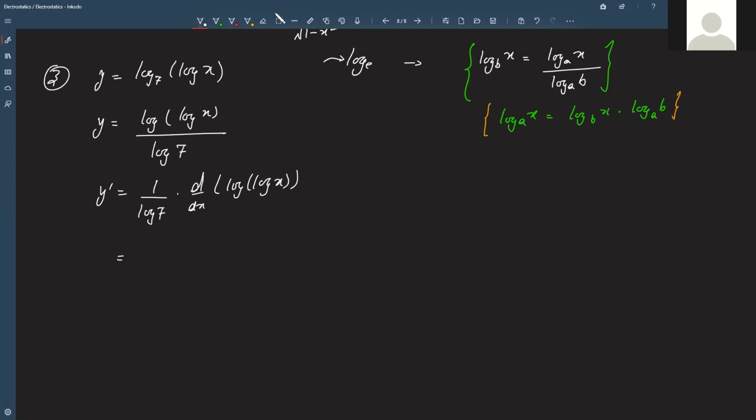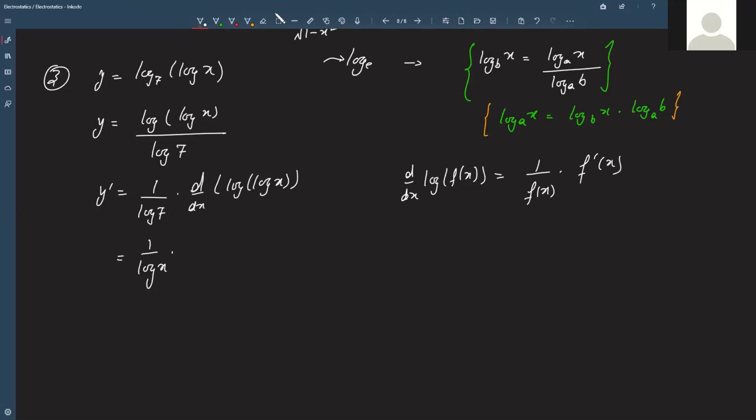So this is now straightforward, 1 by log x into log of anything, so d by dx of log of a function will be what? 1 by f x, and then differentiation of that function.